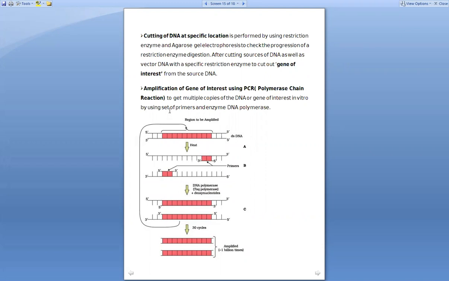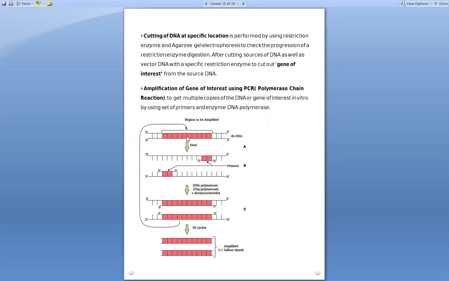So when we are talking about the amplification, this is the figure of the polymerase chain reaction. Here I have written A, B and C. There are three steps of the polymerase chain reaction: the first is denaturation, the second is annealing, and the third is extension.